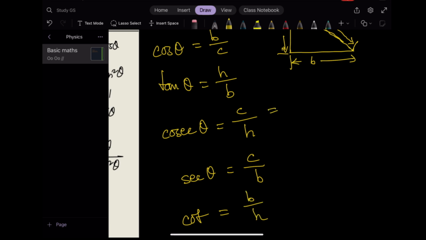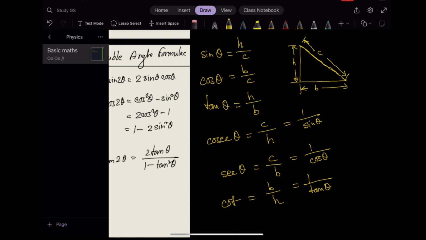In simple terms, they are also equal to 1 by sin theta, 1 by cos theta, 1 by tan theta. So here is the basic presentation of sin theta, cosec theta, sec theta, cot theta.